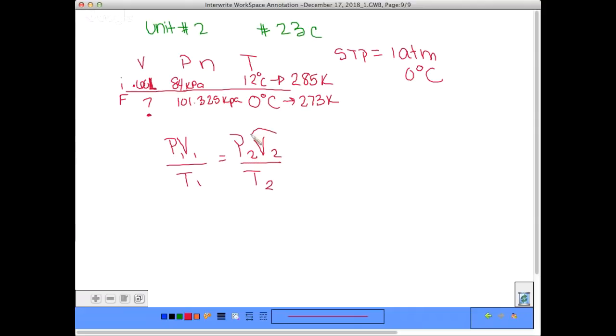I'm trying to solve for V2. To isolate it, I'm going to multiply by T2 and then divide by P2. So my second volume is equal to T2 P1 V1 divided by P2 times T1.